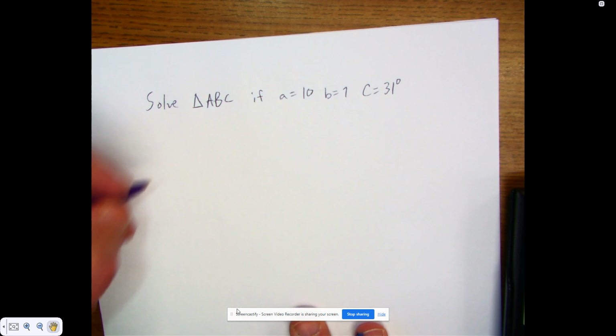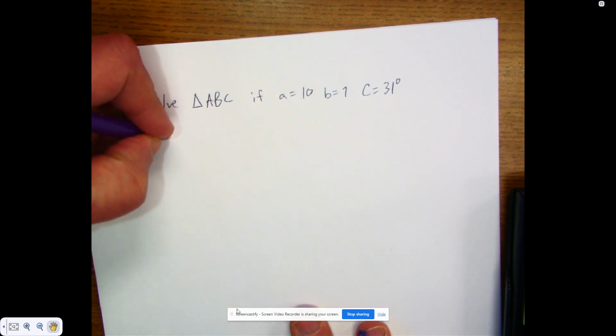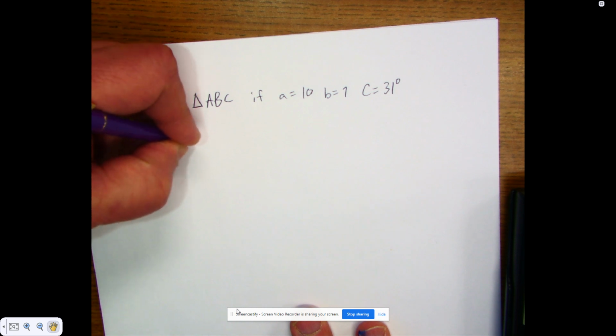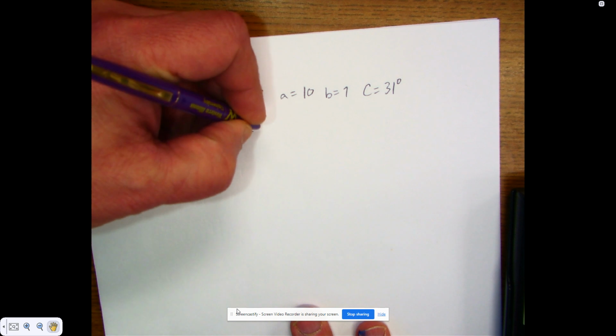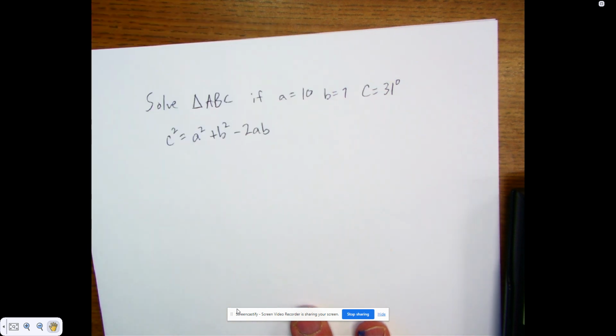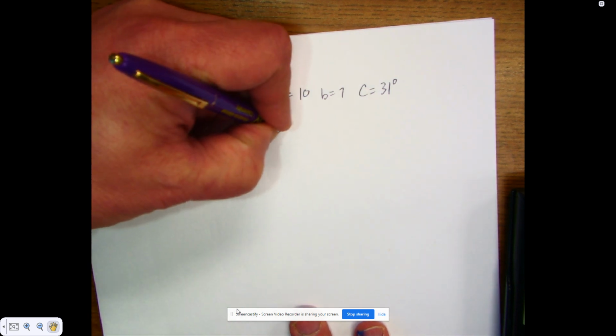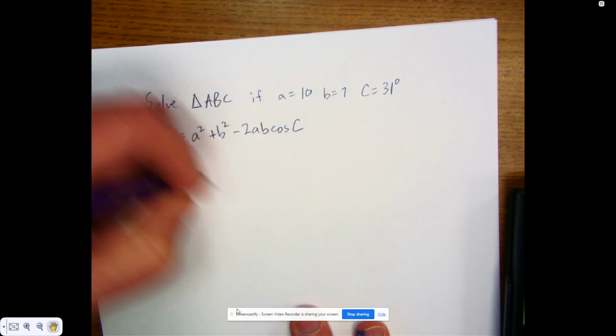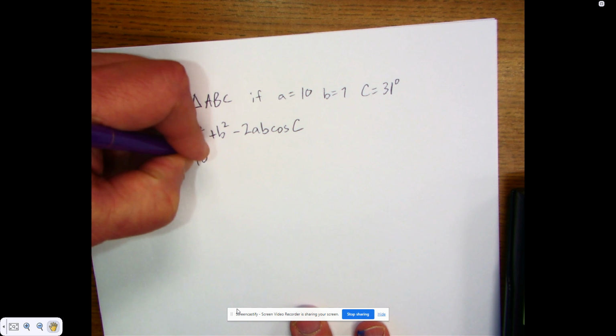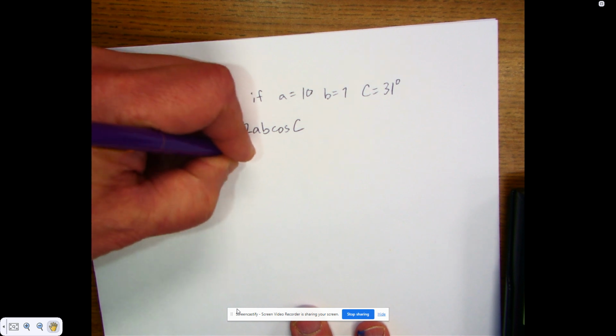So we're going to use the law of cosines, and in this case we want to use the one that starts like this: c squared equals a squared plus b squared minus 2ab cosine C. It really isn't too bad. We're just going to put in the numbers where they go. So a is 10 and b is 7.